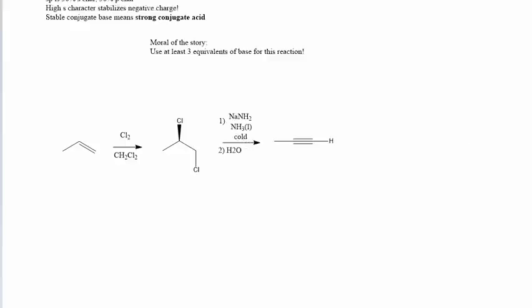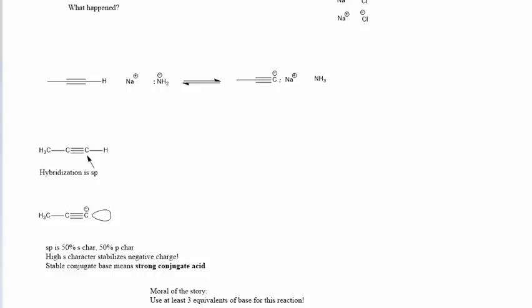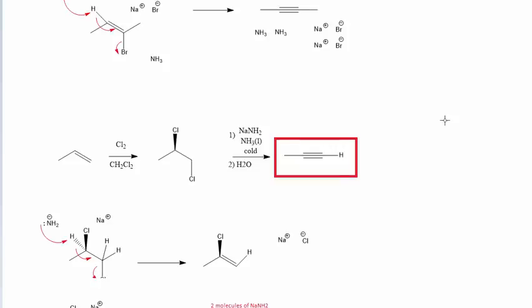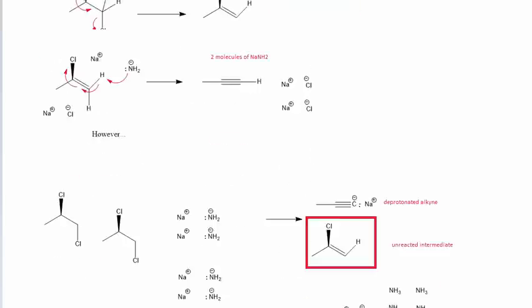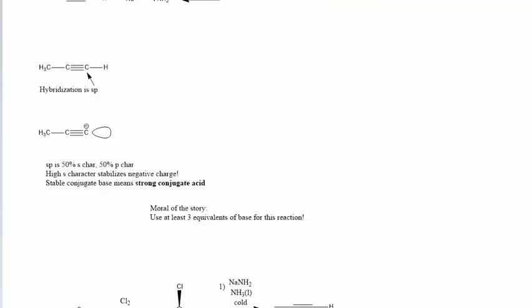The other thing we need to remember is, what is this water doing? Well, if you add excess base, then you keep forming this product. But if there's excess base present, this is going to be deprotonated. So all your product after the reaction is going to be this.